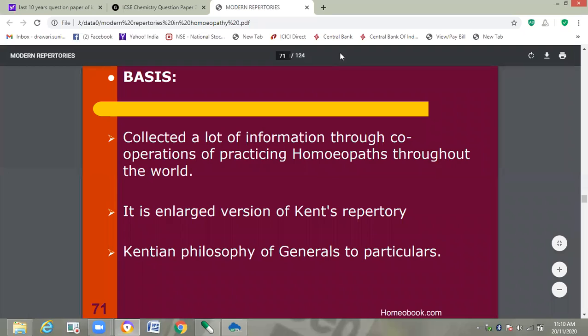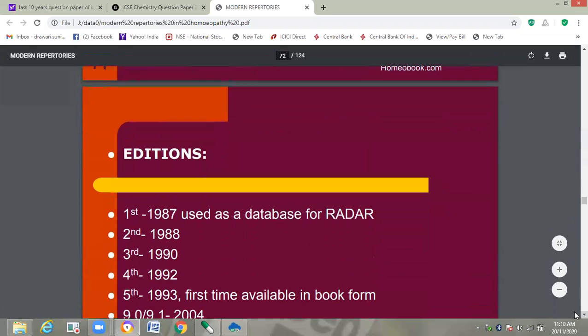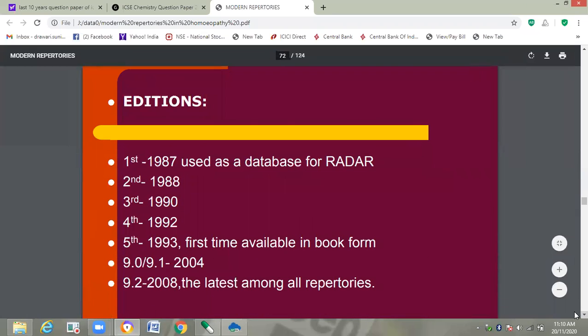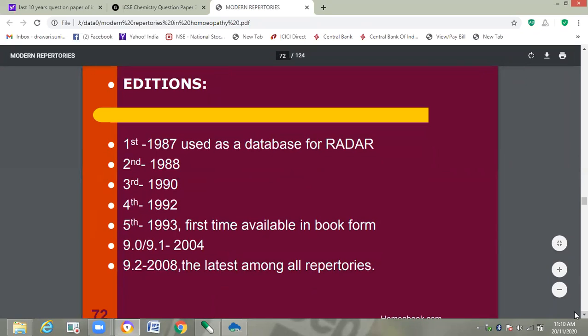So this repertory is based on all the principles of Dr. Kent. The philosophical background was the same as that of Kent repertory. That means this repertory is based on deductive logic. Dr. Frederick Schroyens also gave importance to general symptoms first, and then he goes towards particulars.